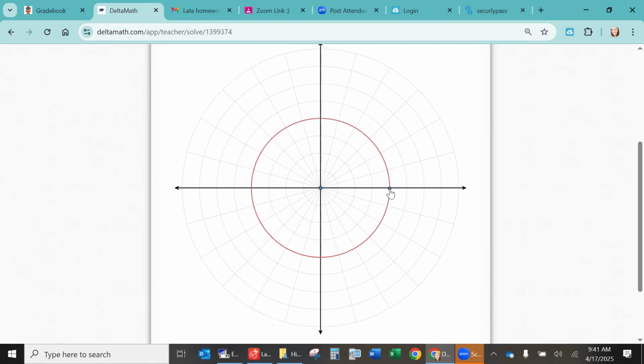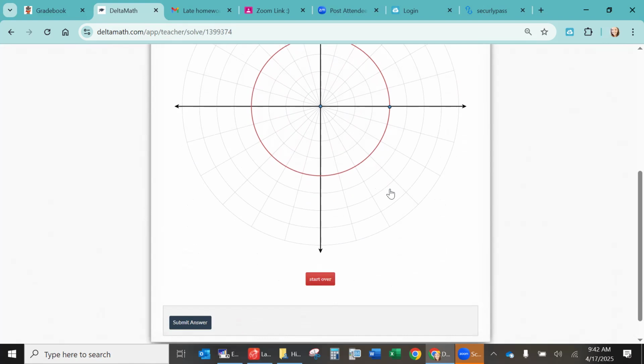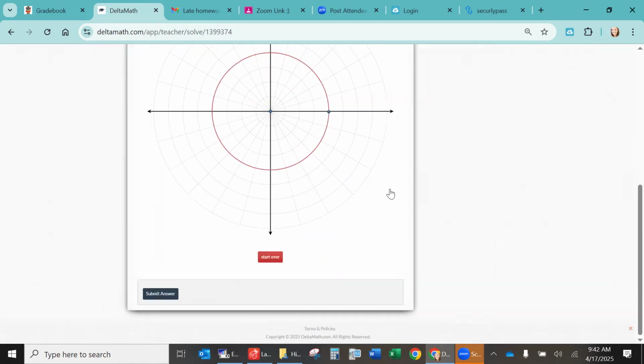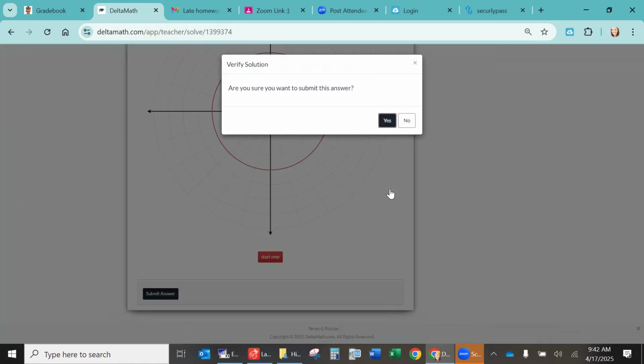Now, if I needed to be off center, I would use that blue dot in the middle and rotate it up or down. So you want to pick the first circle option, stretch it out to the 4th ring, but keep it centered around the origin. Then you can submit. Are we all good with that?